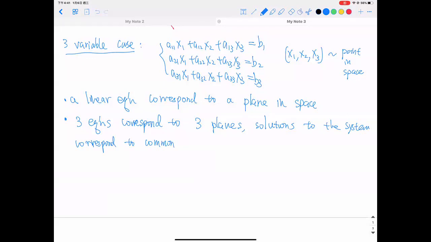If you want a solution to all three equations, the corresponding point has to be on all three planes, so it must be a common intersection.